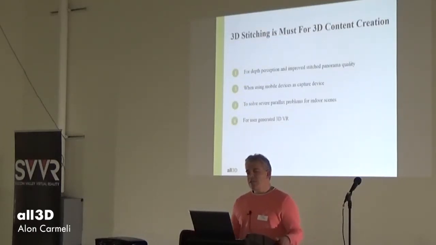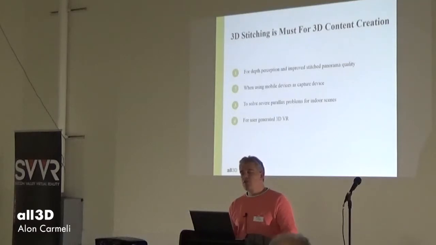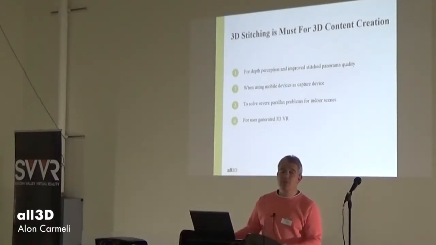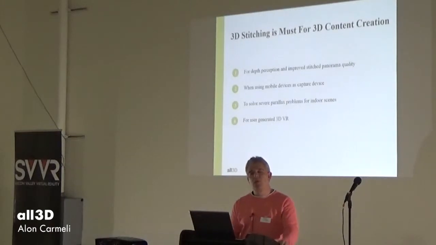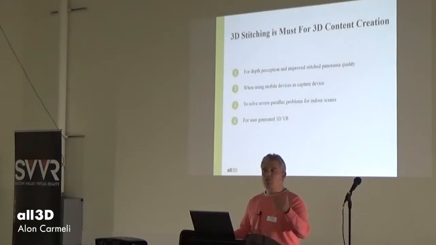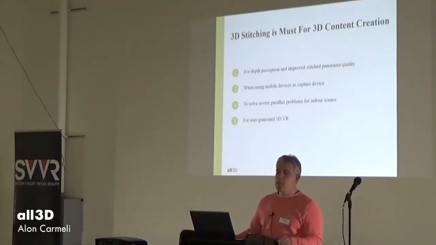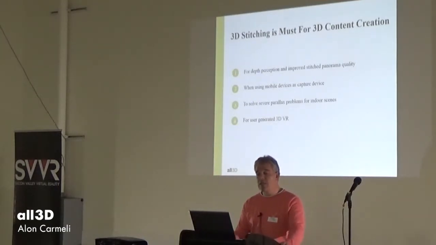So why is 3D stitching a must for 3D content creation? For one, if you want depth perception that will give you a better immersive experience and enable new opportunities for virtual reality applications, you need the depth. You need to know the structures. But also, because of the technique of 3D stitching, you get a much better stitch, because it's done in 3D.